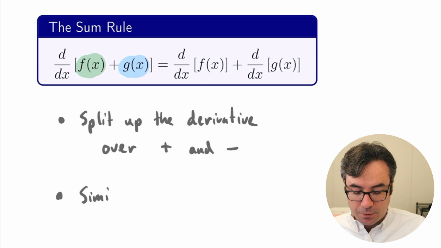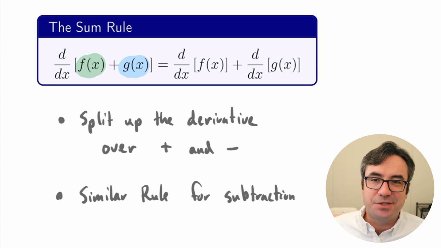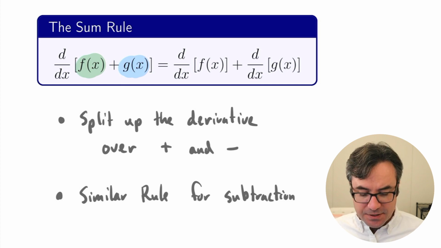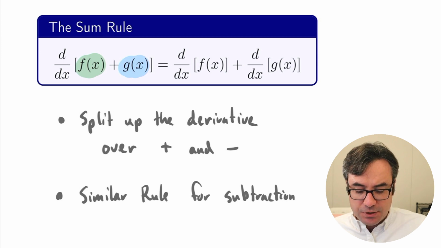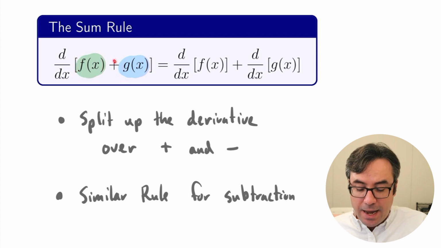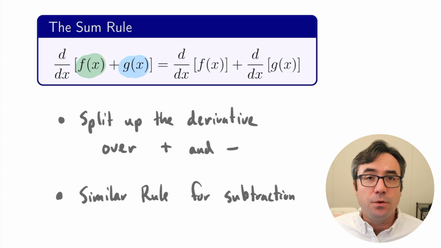So there's a similar rule for subtraction. Really, subtraction's kind of a special case of addition anyways. So we have this rule, and what does it say? This is going to work for addition and subtraction. We have two variable terms, f of x and g of x, and we're adding them or subtracting them. And we want to differentiate the whole thing.